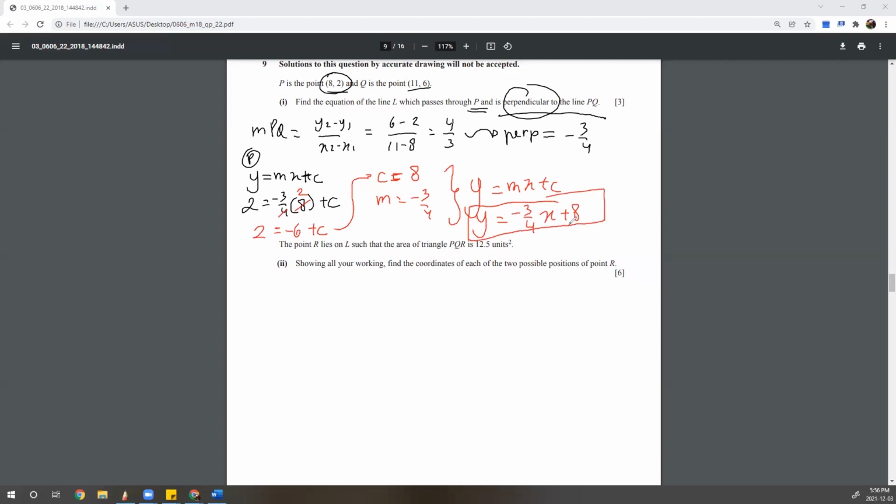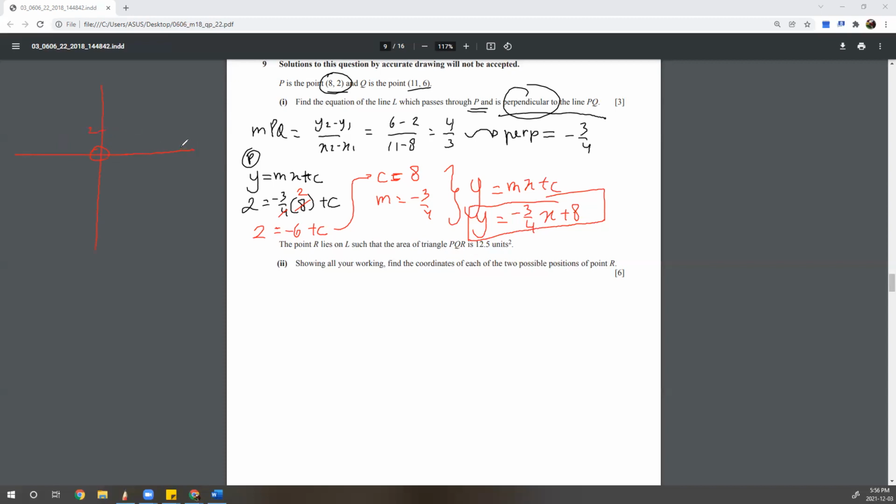Okay. Point R lies on L such that the area of triangle PQR is 12.5 units square. We have to draw. OMG. We have to draw this. P is (8,2).